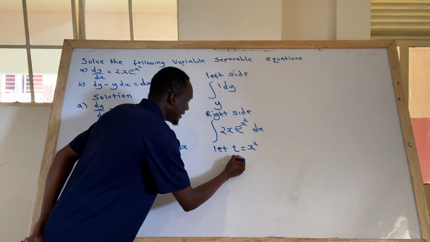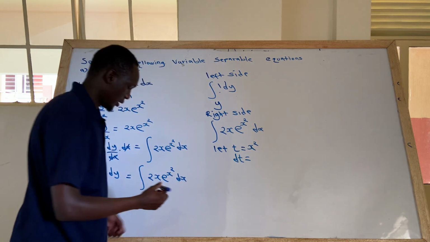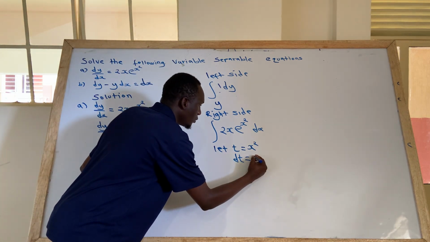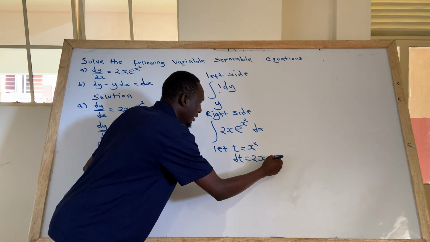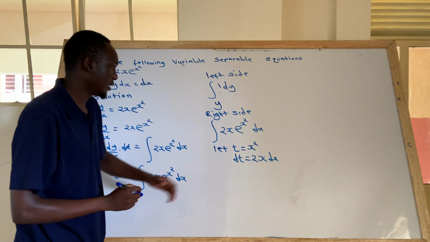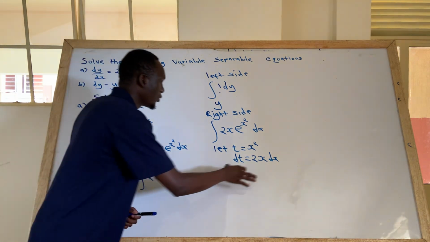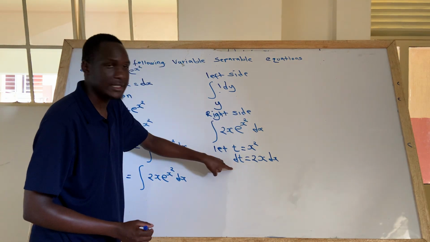Therefore, dt is equal to, when we differentiate x squared, we have 2x dx. Therefore, 2x dx is dt.